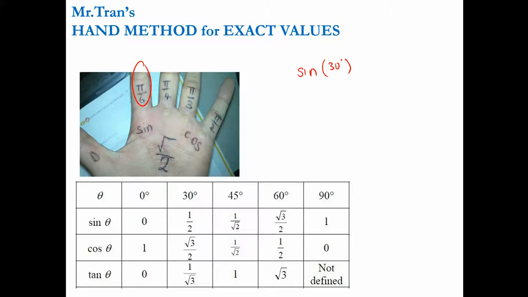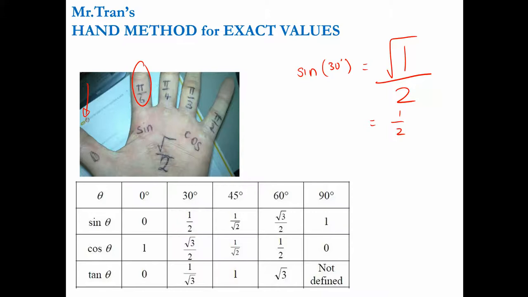The number of fingers I have on the left-hand side is 1. I only have the thumb. So the formula is square root of 1 over 2. Root of 1 we know is 1, so the answer is half, which makes sense. Sine of 30 does equal half.